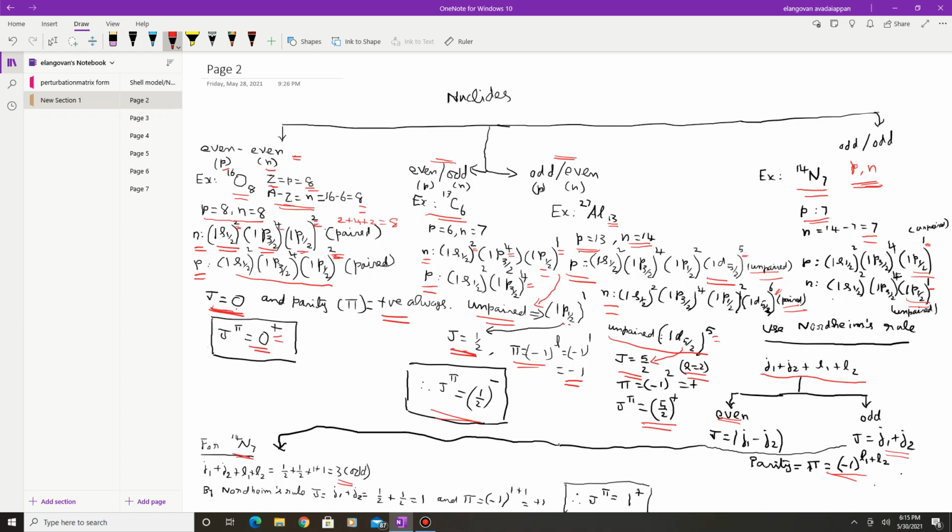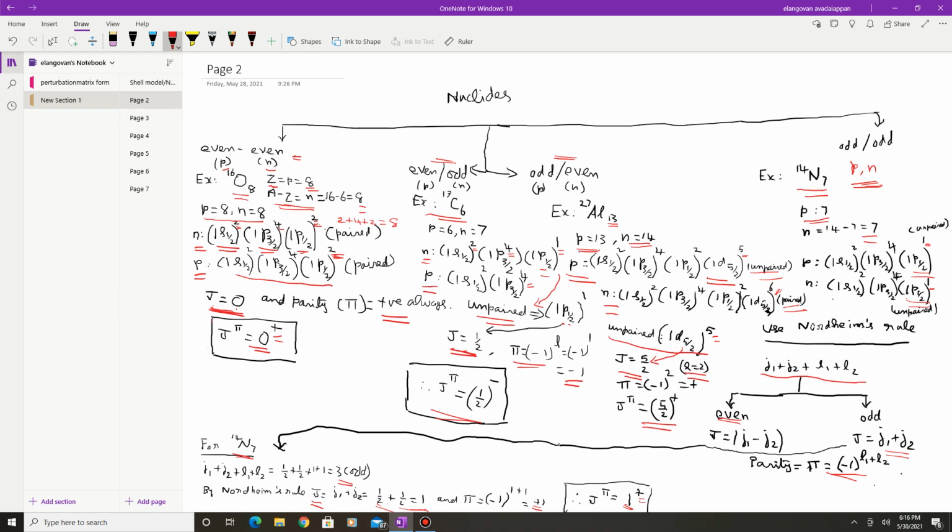Since it is an odd number, according to Nordheim's rule, the value of J is equal to J1 plus J2, so half plus half, this is 1. The parity is minus 1 whole power L1 plus L2, so 1 plus 1, so this is plus. Therefore J pi, which is the angular momentum and parity, is 1 plus.